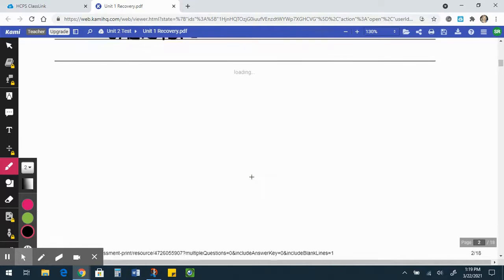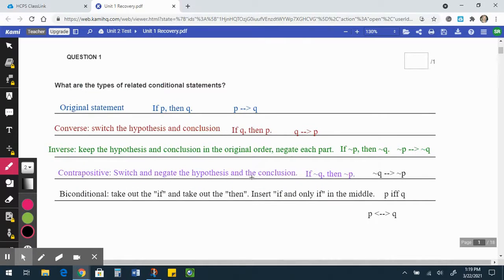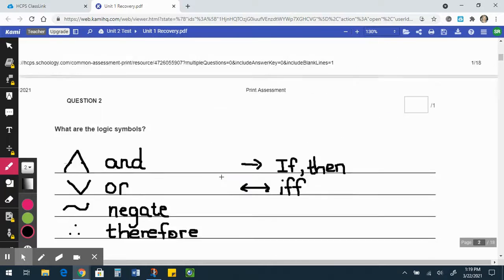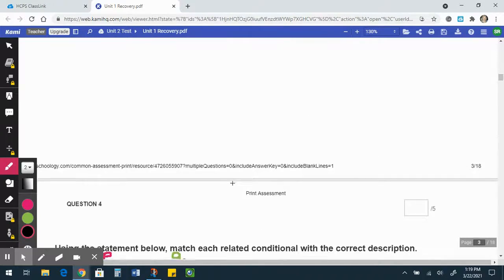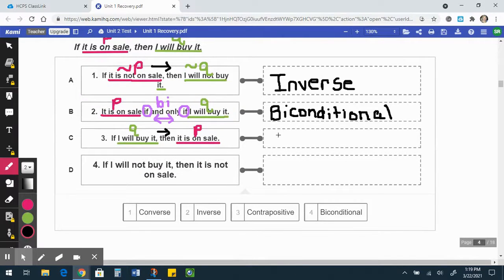Let's go back up and see which one is switch places. Here you go. If we switch the hypothesis and conclusion, that would be forming the converse. So I know that C, or number 3, is the converse.